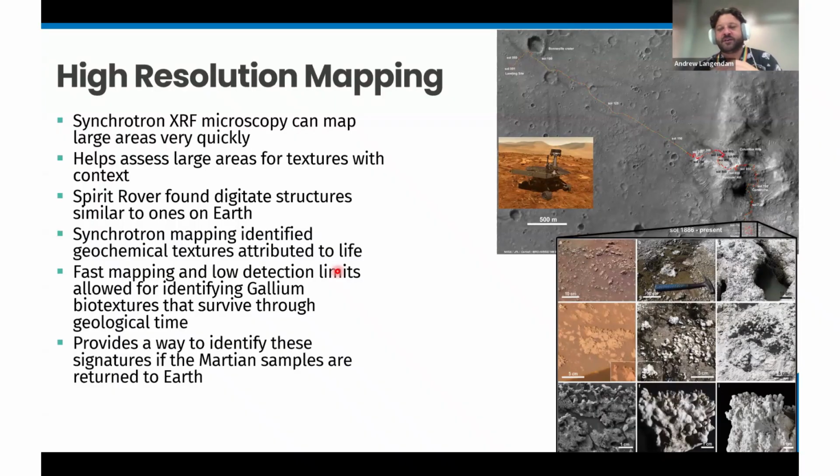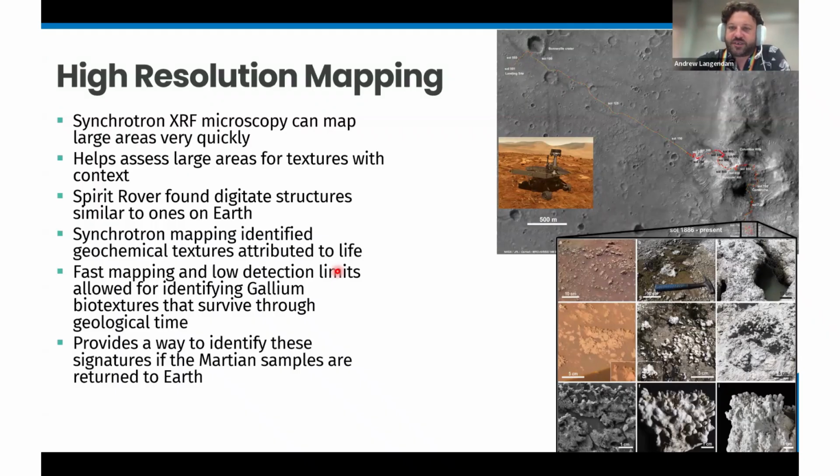So this is what we think is a volcanic or hydrothermal sinter deposit, or silica deposit. It's got these digitate-like, finger-like structures that are very similar to structures we find in hydrothermal systems on Earth. The great thing about the stuff on Earth is that every time you find these, they are mostly inhabited by extremophile microbes, so archaea and bacteria.